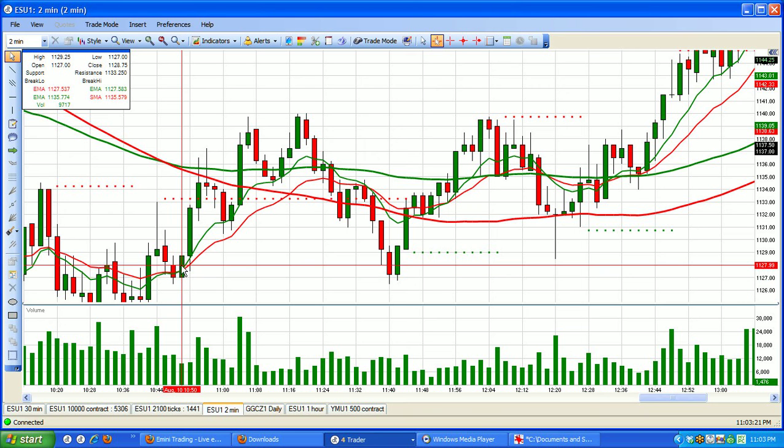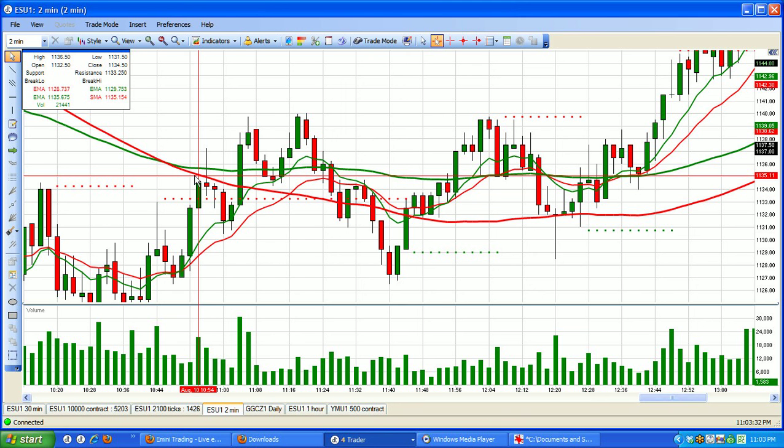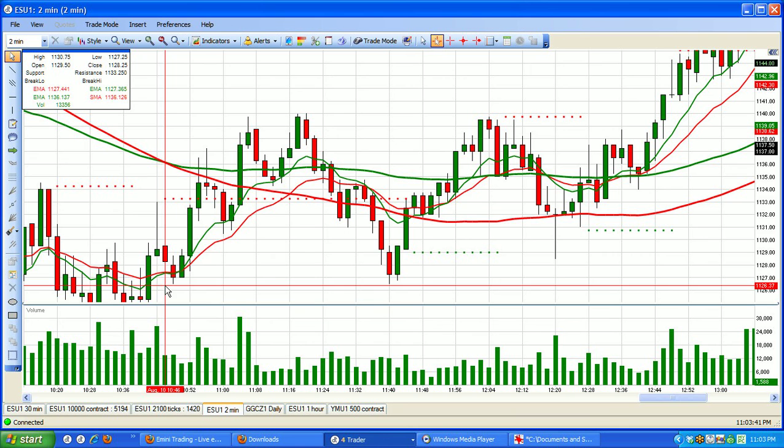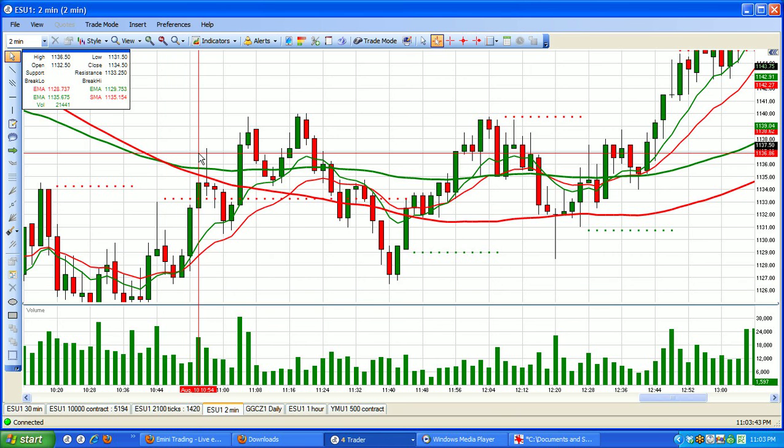The green gets above the red. So you're saying that if I enter this market at 1127 and change, I got a shot at getting to 1135 and change with the current volatility? Yeah, it's a possibility.